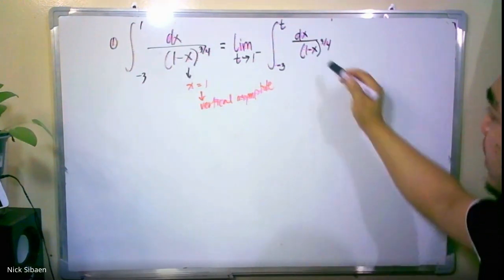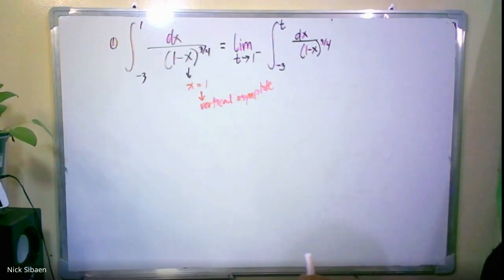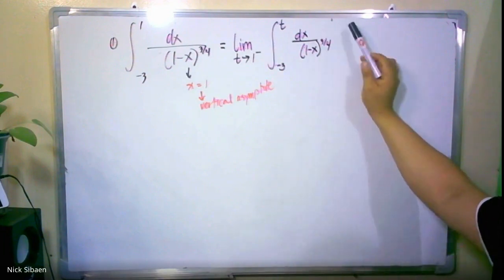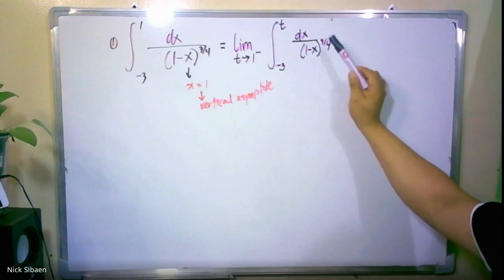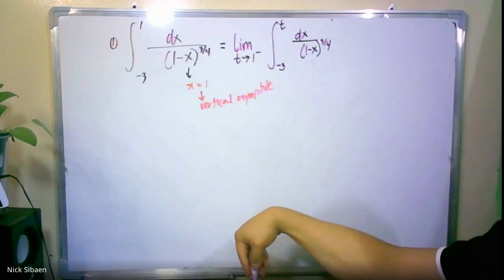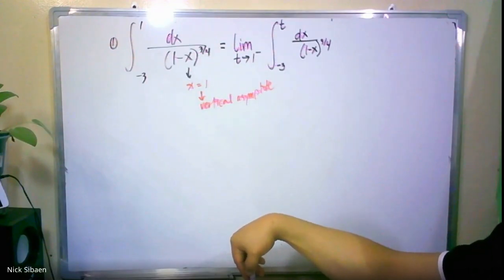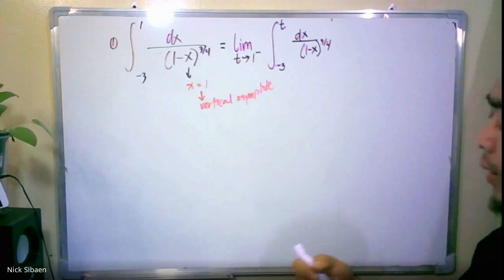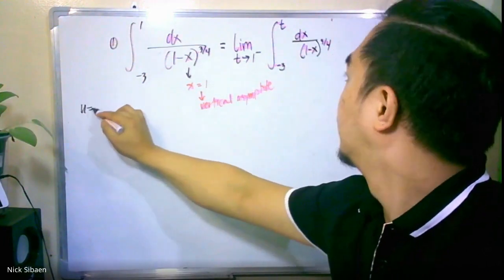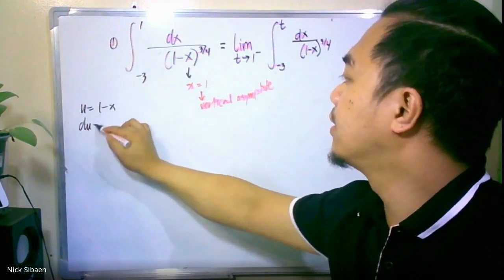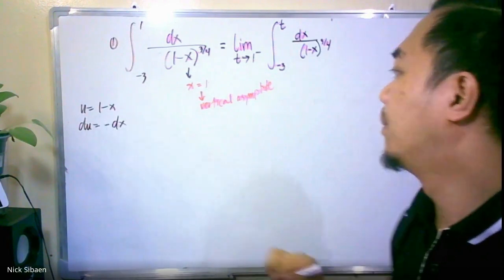Okay, so what technique should we use dito to solve for that, or this integral? We have a binomial raised to 3/4. Power rule, di ba? Tama ba? Yes, sir. Power rule lang yan. So, substitution power rule, parang ganon. We let u equal to 1 minus x, du is negative dx.